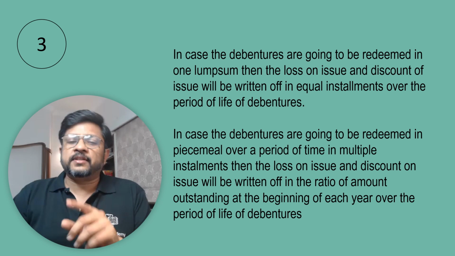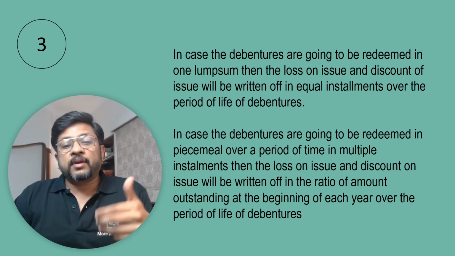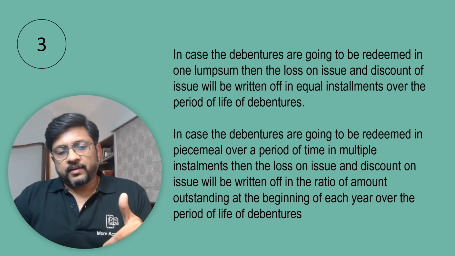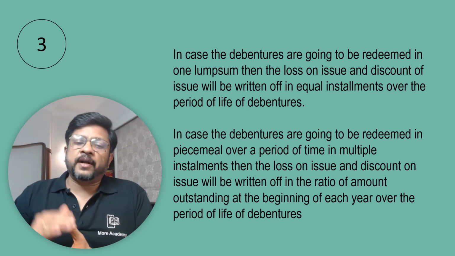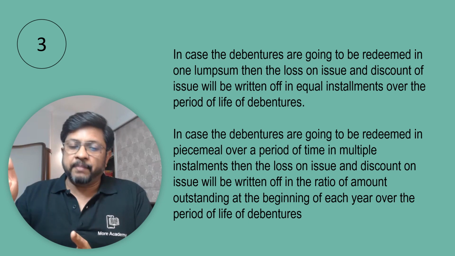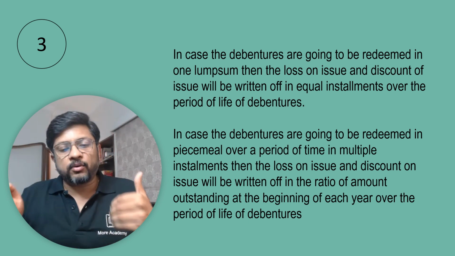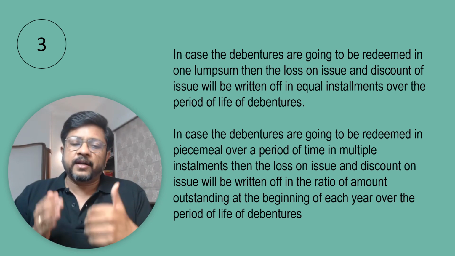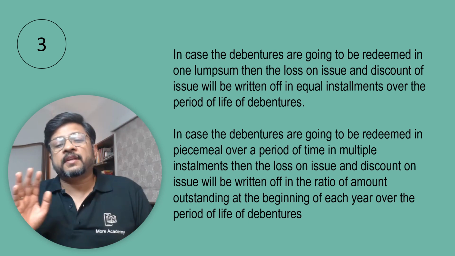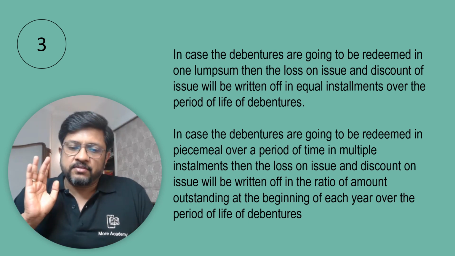So here we are considering now the third question, which is finding out the amount which is to be written off out of the discount on issue or out of the loss on issue. When the debentures are going to be redeemed in lump sum, redeemed means repaid, redeemed in lump sum on one single day, then the entire amount of discount on issue and the entire amount of loss on issue can be considered to be written off over the period of life of debentures in equal installments, just like SLM, straight line method of depreciation.